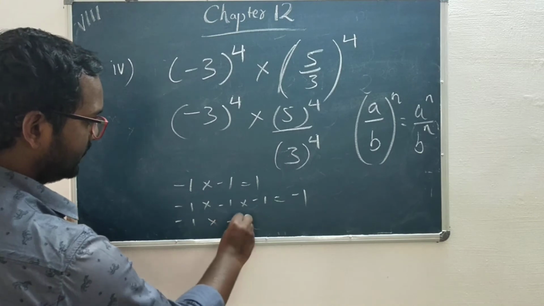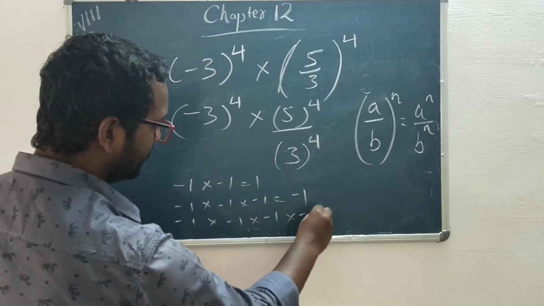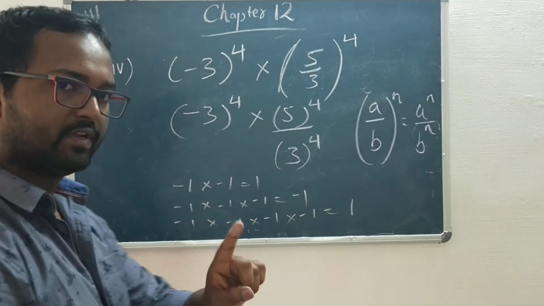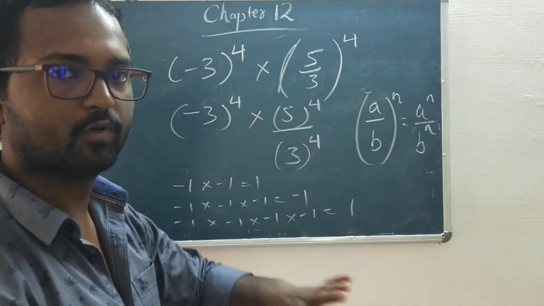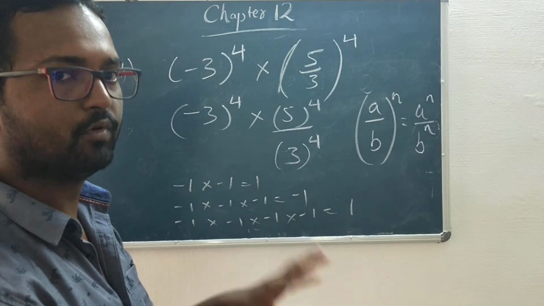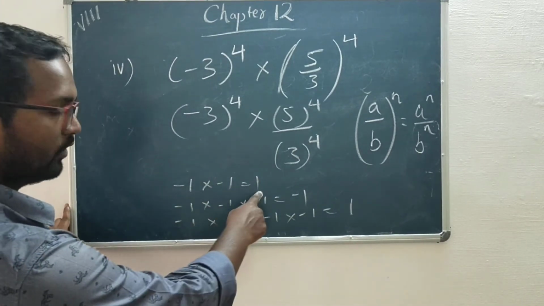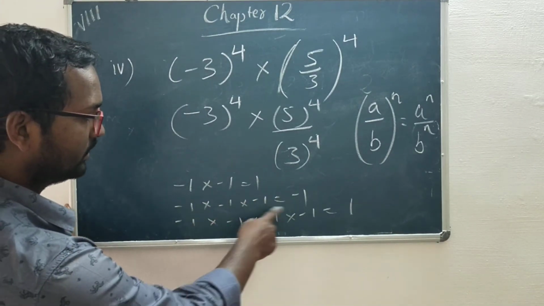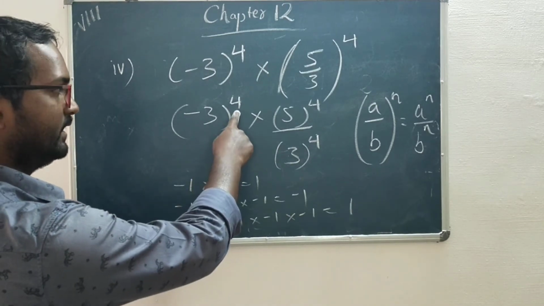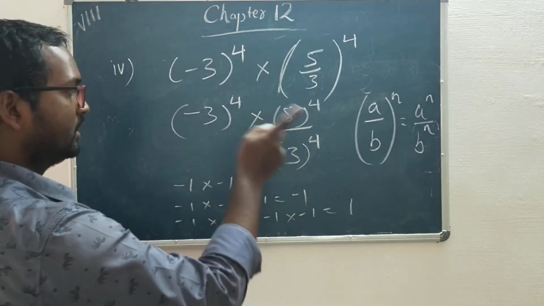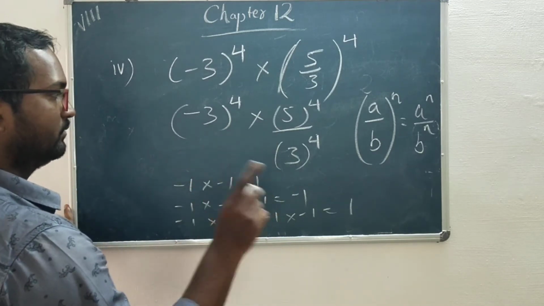Minus 1 into minus 1 into minus 1 into minus 1 is going to be 1. When the power is even and you have a minus sign, that minus will become positive. If it is even, always positive. If it is odd power, then we will get minus. 4 is even, so we have a positive answer.